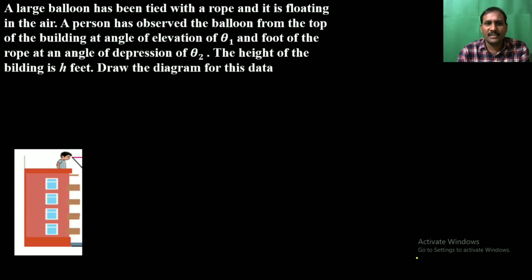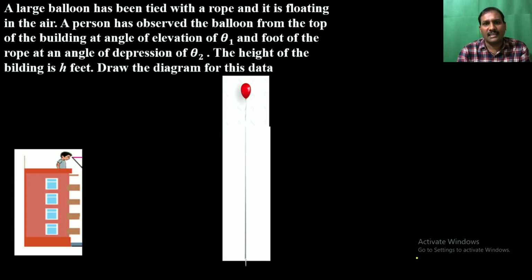So let us take the person and there is a balloon floating in the air. The person is observing the balloon and also observing the bottom of this thread or rope. This is the height of the building, h feet.